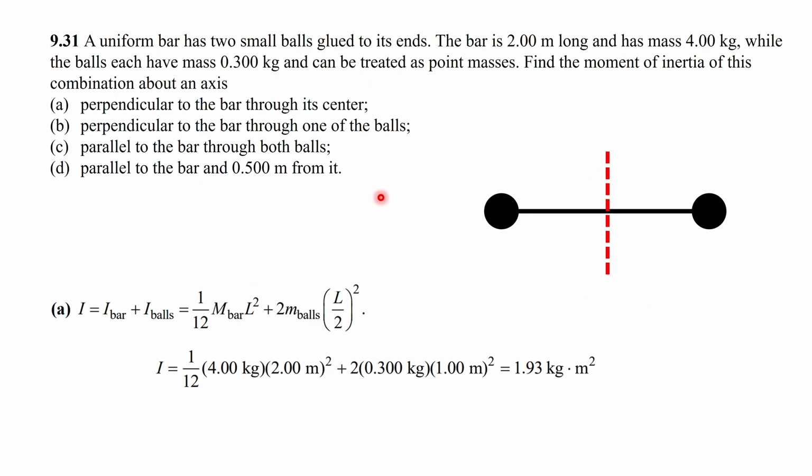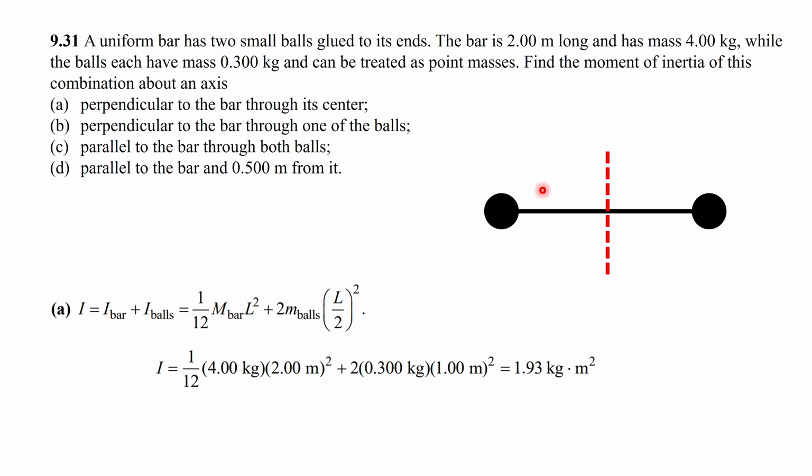So let's go back to the question. The first question is that the axis is perpendicular to the bar and at the center. So this is the situation where we are going to calculate the inertia. The axis is in the center and it's perpendicular to this bar. So if it's in the center, then we pick this formula: 1/12 the mass of the bar times the length squared.